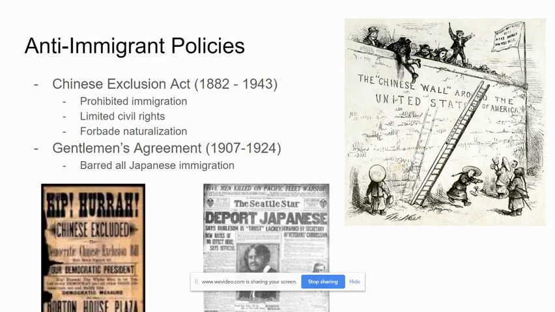There's going to be this understanding where Japan agrees not to issue any passports to Japanese immigrants to the United States, not allowing them to come over and move to the United States, except for more distinguished Japanese individuals like professional men and business leaders. So the United States is going to find a way to really limit the type of immigrants that are coming over from Japan.